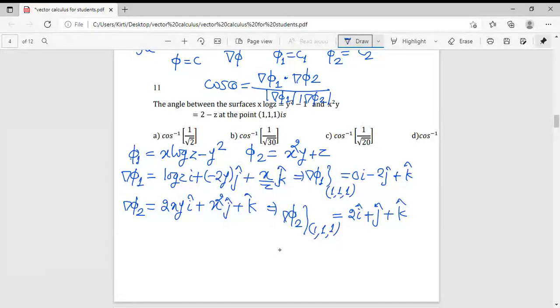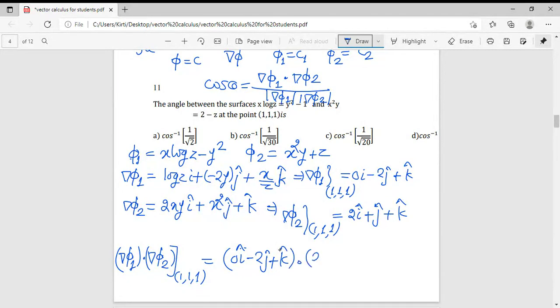We need the dot product of these two gradients at the given point 1, 1, 1. So that is 0i minus 2j plus k dot 2i plus j plus k. Taking the dot product we get 0, minus 2, plus 1, so we have minus 1.